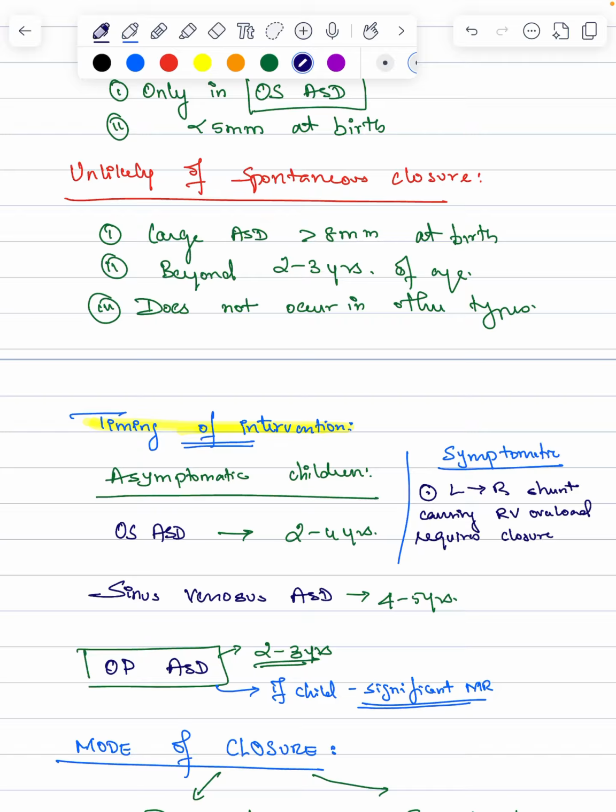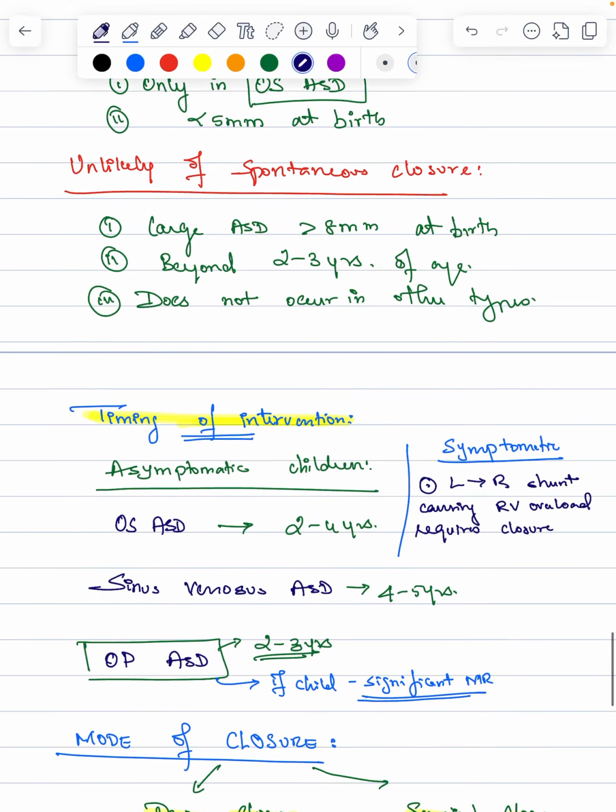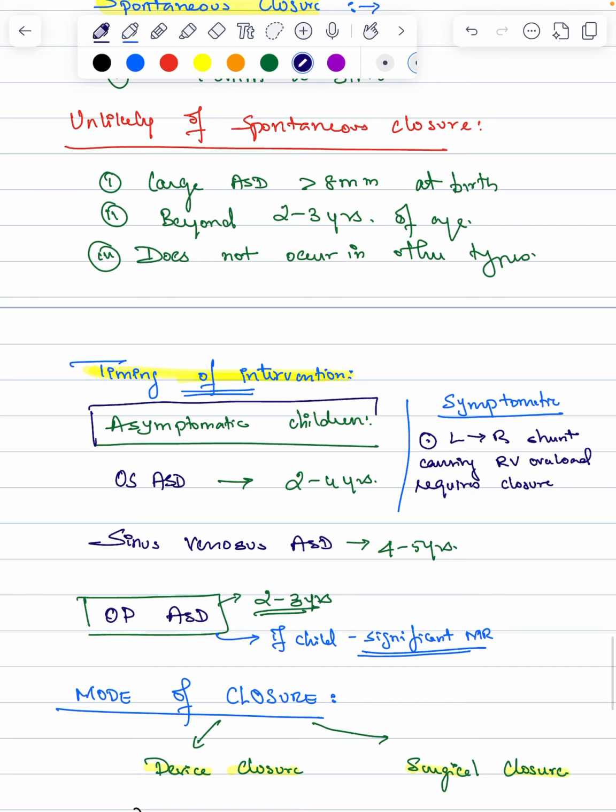When there is irreversible pulmonary arterial hypertension or pulmonary vascular disease, it will be a contraindication for closure. Okay, so this is the timing of intervention for an asymptomatic child and also for a symptomatic child.